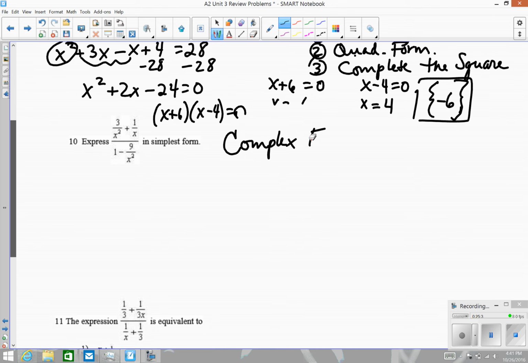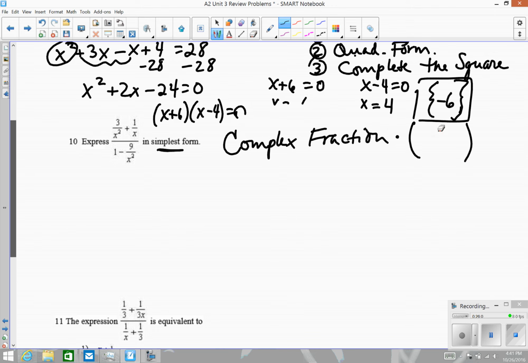And it's not an equation, so I should not come up with some value for x, but I do want to simplify this. And the easiest way to do that, as we did in class, is to multiply the numerator and the denominator by the same amount. So I'm going to multiply my complex fraction by something equivalent to 1, which is going to make this very quick and easy for me to simplify.